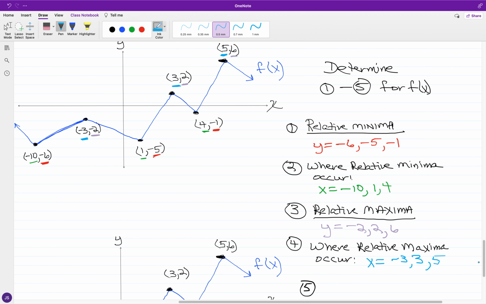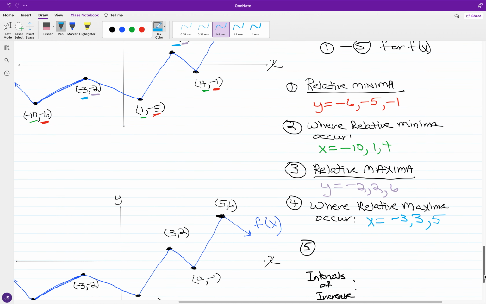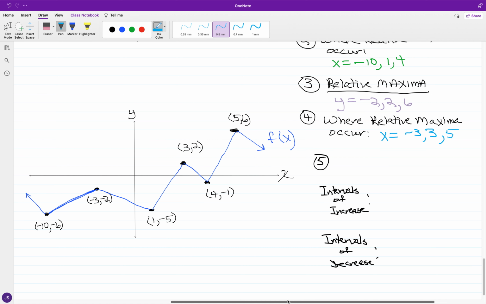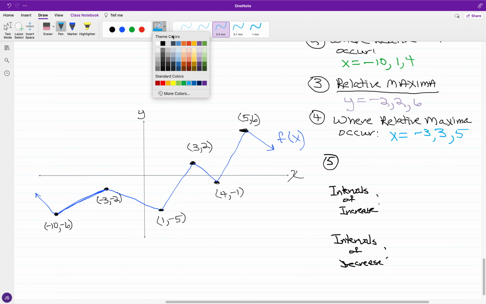Now, in terms of the intervals of increase and decrease, just reading the graph in order from left to right, not right to left, first you have a downward motion, so a decrease.